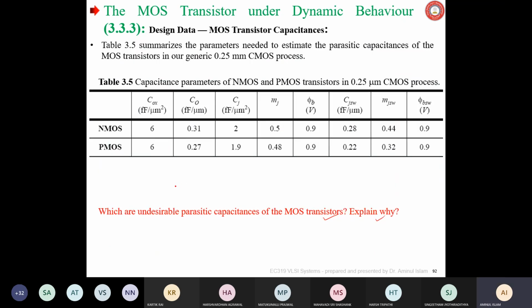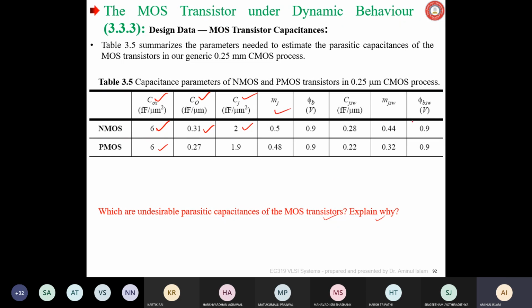Here are the values given for those discussed capacitances: overlap capacitance, junction capacitance, etc. COX is 6 femtofarad per micrometer square, overlap capacitance is 0.31 femtofarad per micrometer, and junction capacitance for NMOS is 2 femtofarad per micrometer square.